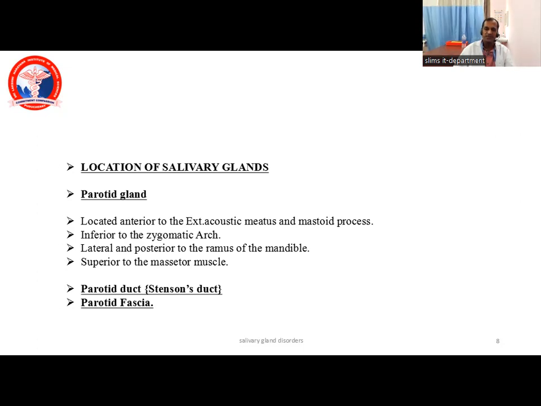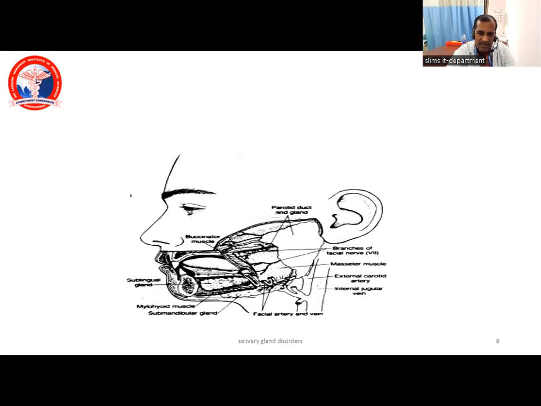That is the position of your parotid gland. The duct is called Stenson's duct. The other one you should worry about is the parotid fascia. This is the position of your parotid gland.